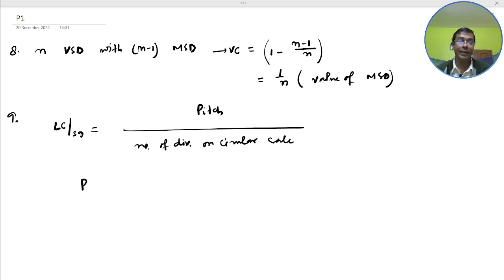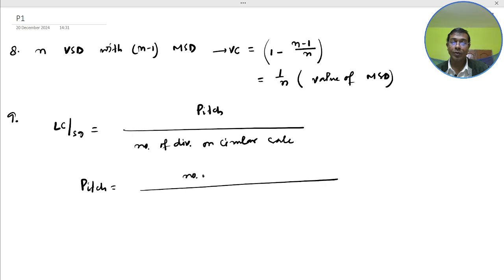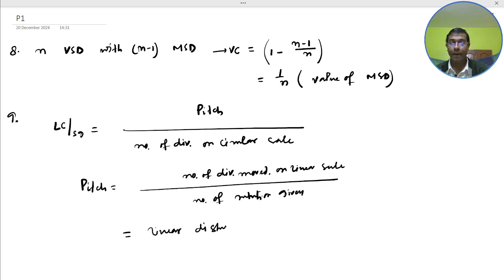From here we get the pitch value equal to the distance moved on the linear scale divided by the number of rotations given, and this is basically the linear distance moved in one rotation.